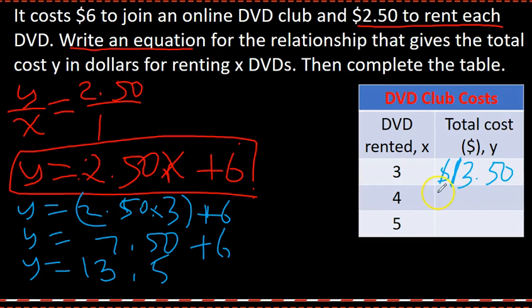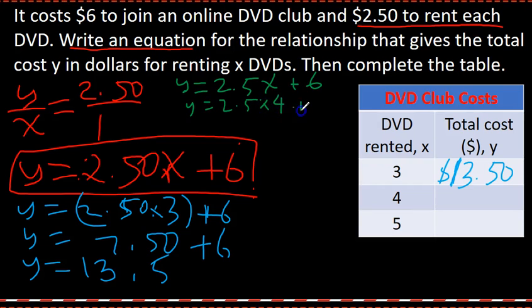So how about when you rent 4 DVDs? Try that. You're using the same equation: y equals 2.5x plus 6. So it's y equals 2.5 times 4 plus 6.